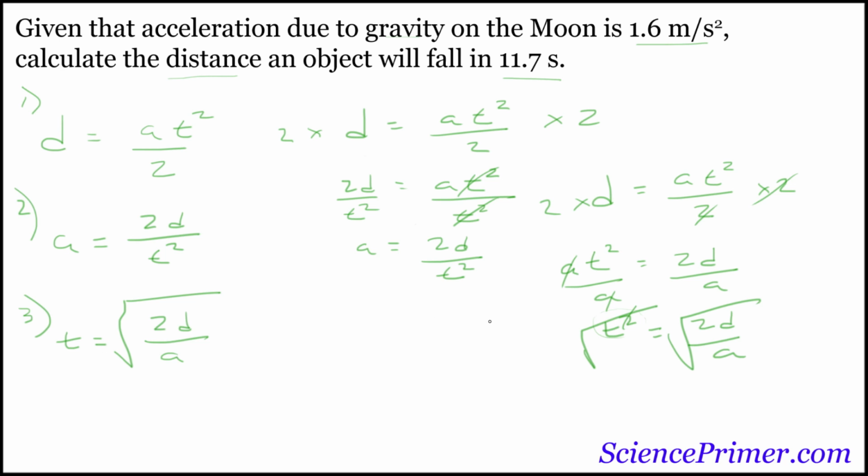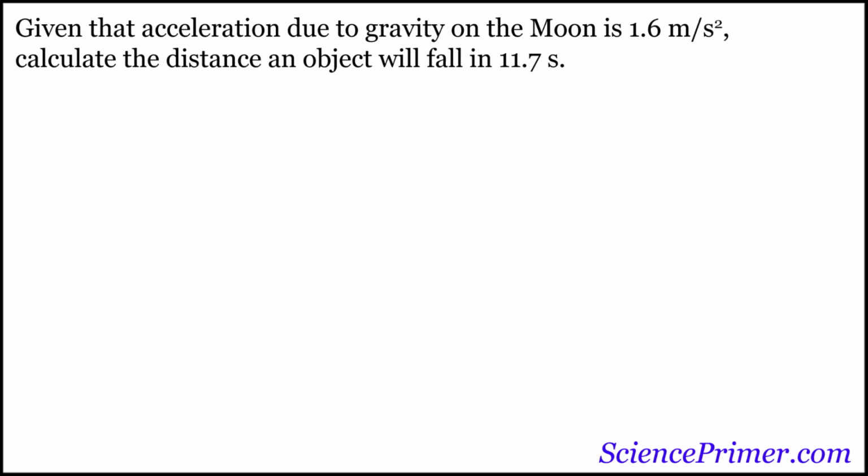So now that we've done that, we can clear the screen and focus on this specific problem. Again, the relationship we're looking at here is distance equals acceleration times time squared divided by 2. Go ahead and put the numbers into the problem.